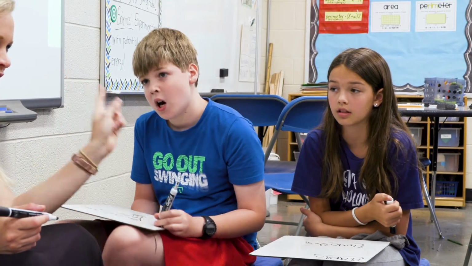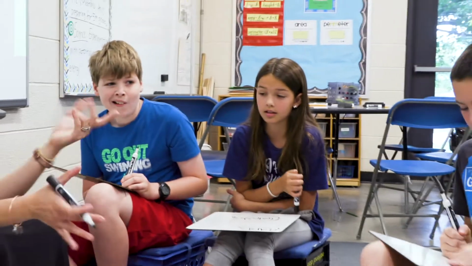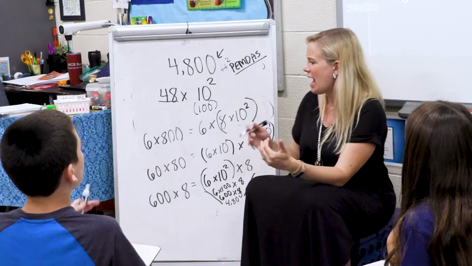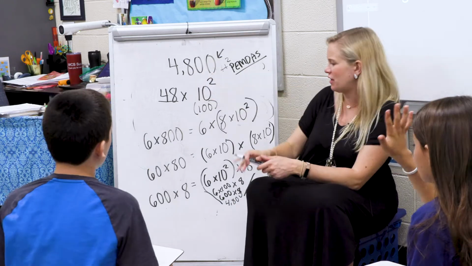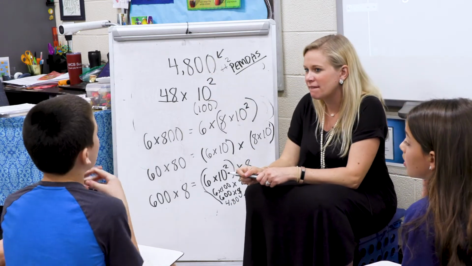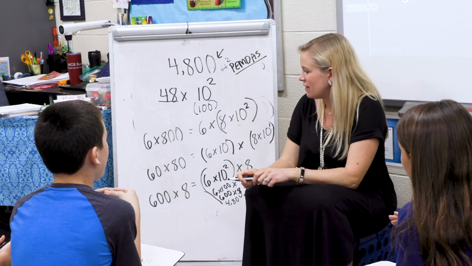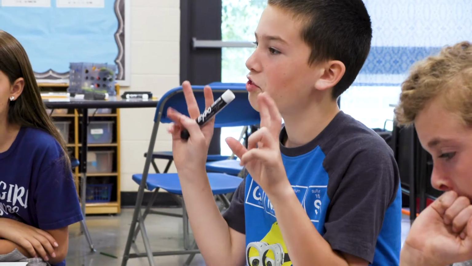3, 2, 1. I know we had an interesting conversation over here, and I bet you guys did too. Who wants to explain in their own words how these all end up equaling the same value? Matthew, what do you think? Well, by dividing one of the factors by 10, you have to multiply the other factor by 10. Okay, so that's technically what throwing the zeros around means.